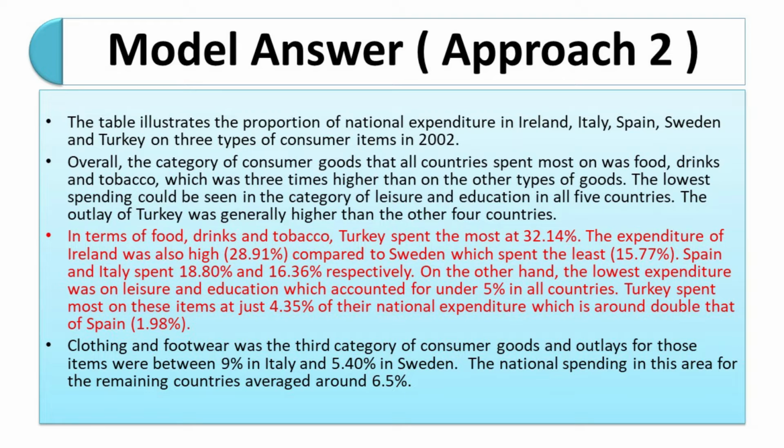And then we are taking the category of education, because the countries are spending least here. And then we make a contrast between them. The main paragraph is about contrast here. The last paragraph is about the second category, clothing and footwear. And we are making a separate paragraph for this category, and in this way again we have a 4-paragraph structure.